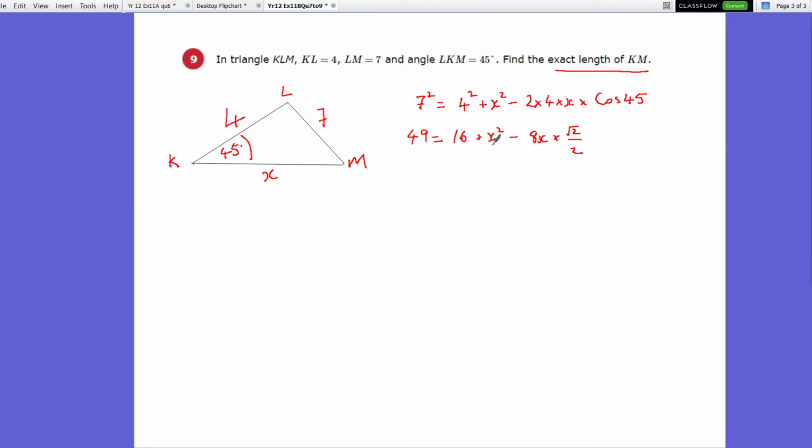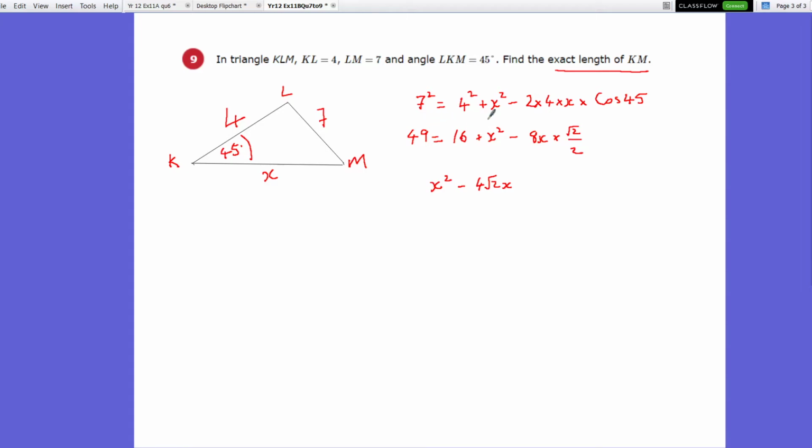And let's just brush things up here. So what we've got here, we've got x squared by itself. The 2's are going to cancel, so that's going to be 4. So we've got minus 4 root 2 x. And we've got 16 on this side, and we're going to take the 49 to the other side. So we're going to get 16 minus 49, which gives us minus 33.